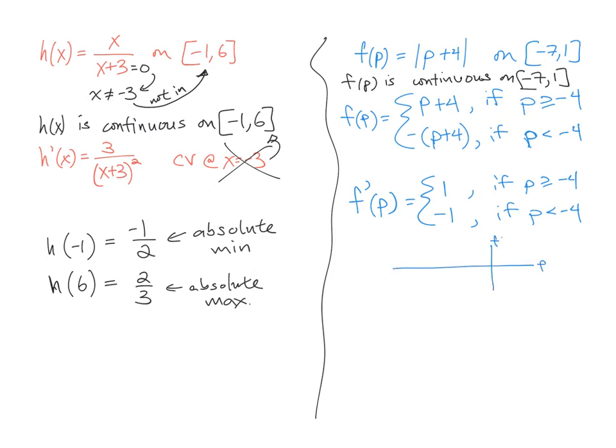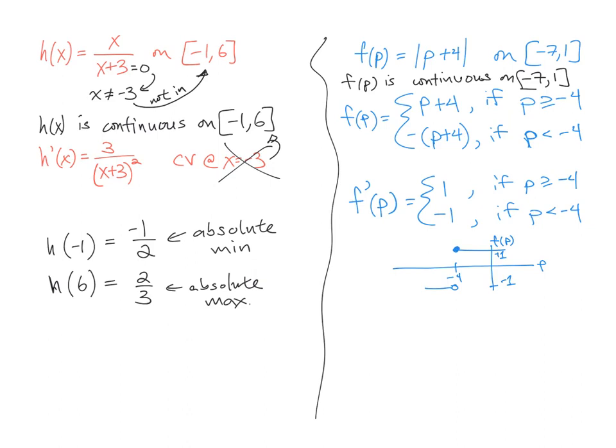So just really quickly looking at a graph of this, this would look something like this. Here's p, here's f of p, aka y, and at -4, we have a graph that looks something like this. That's -1, this is +1.